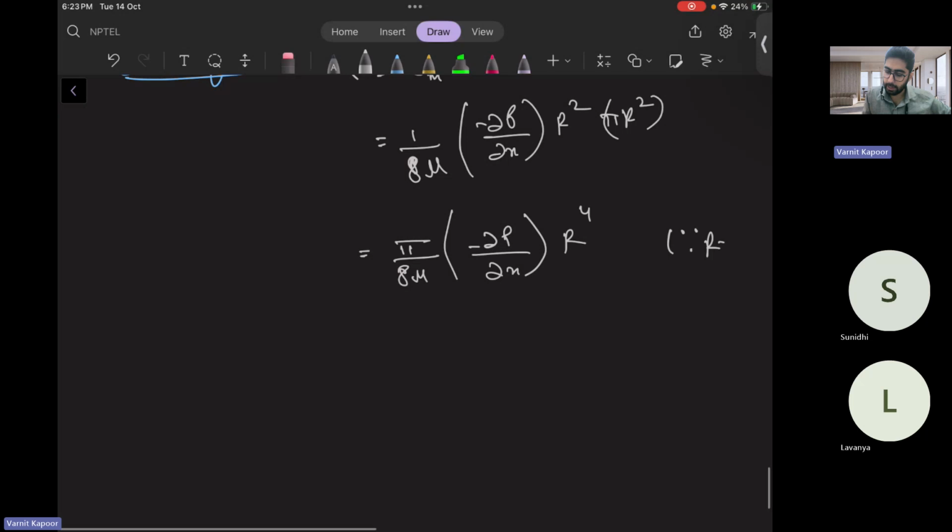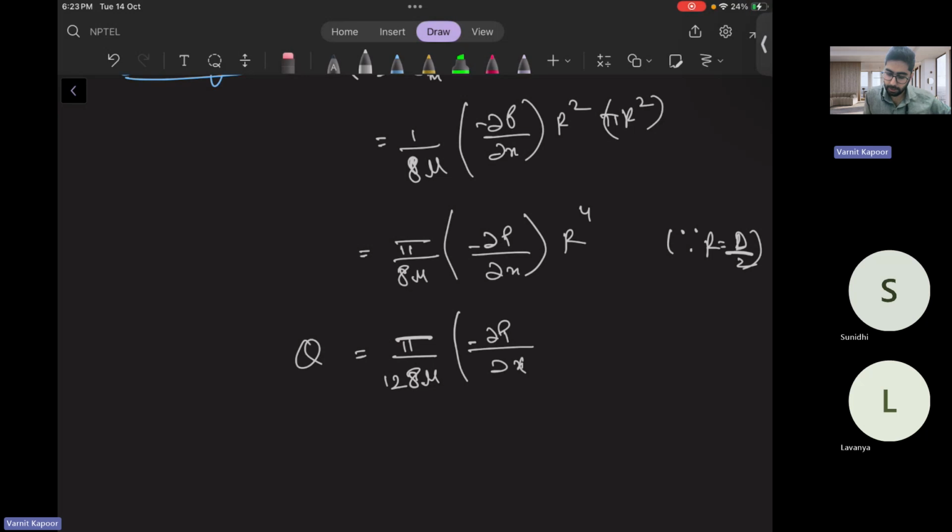Since we know that R is D by 2, if I want to write it in terms of diameter, your discharge will be pi by 128 mu times D to the power of 4. This is a very important relation. You might have seen this a lot of times.